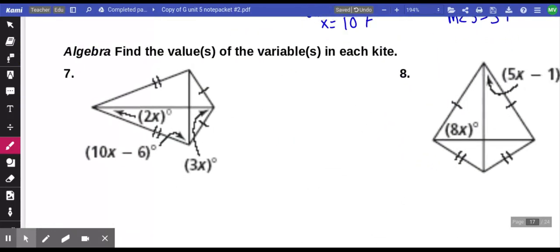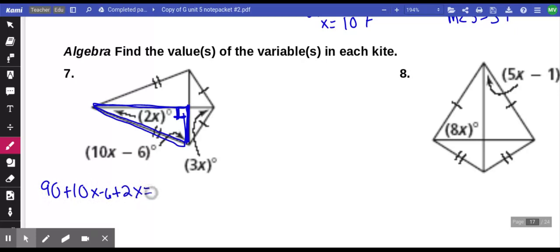Okay, so now these get a little more challenging. So again, I'm going to use the fact that I know that this makes a right angle. I'm going to focus on just this triangle right here. I know that it's 90 plus 10x minus 6 plus 2x equals 180 because I'm focusing just on the triangle.